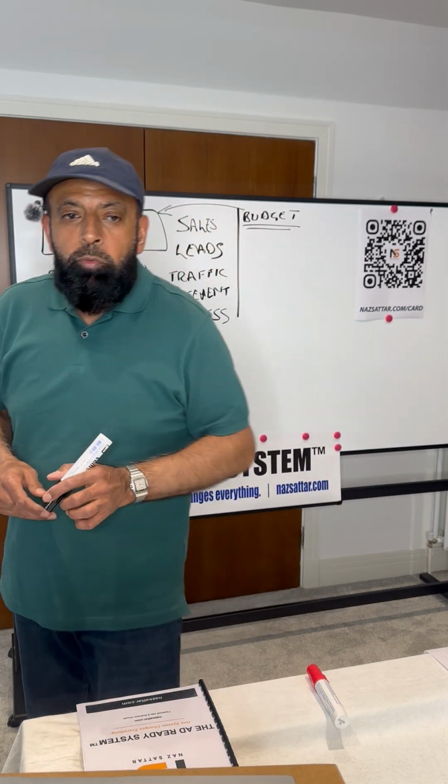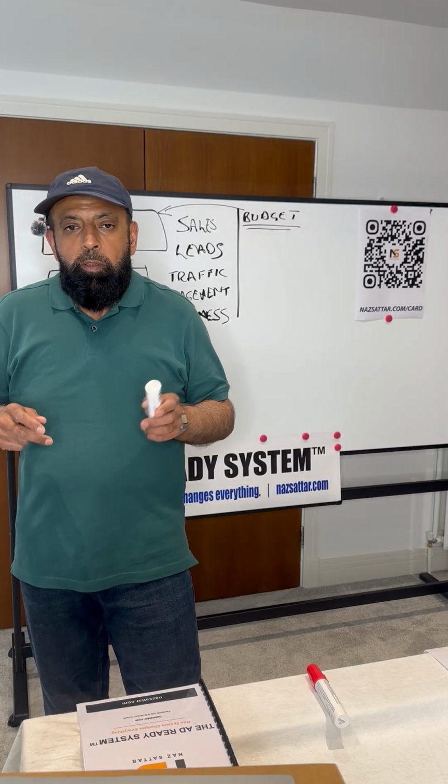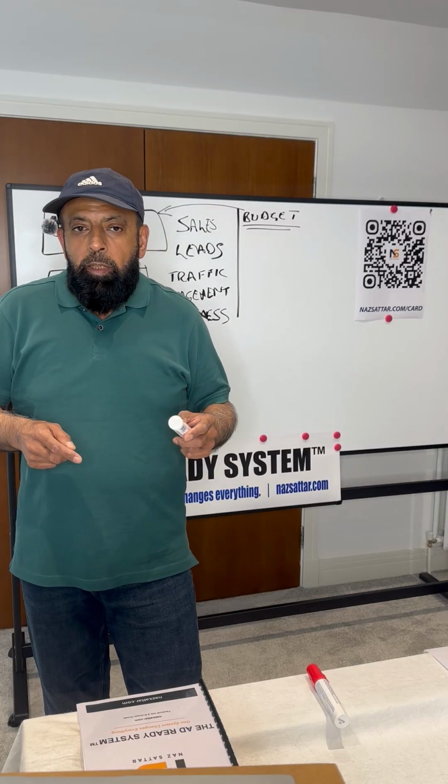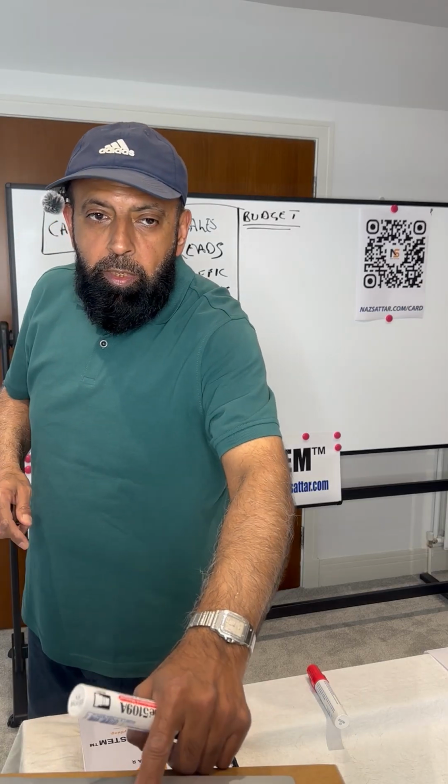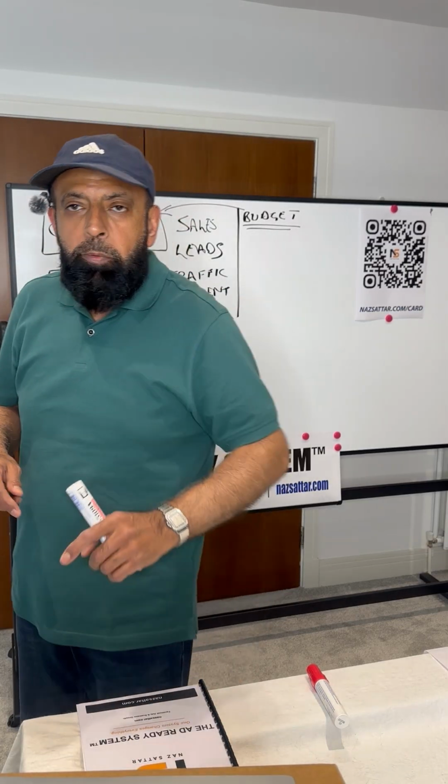Now, you only really need the budget on the ad set if you're running two audiences, for example, one audience going somewhere and one audience for something else, so you want to decide where you spend the money. That's really what it's all about.